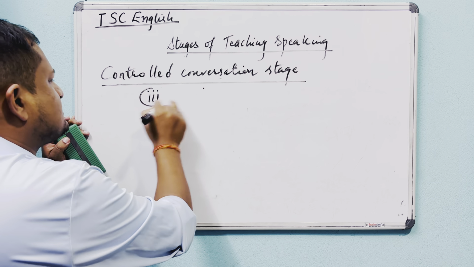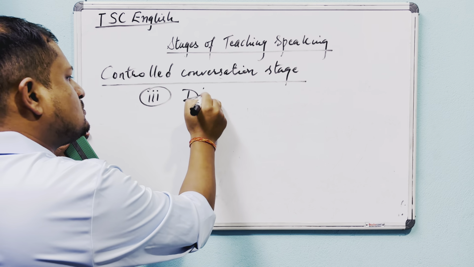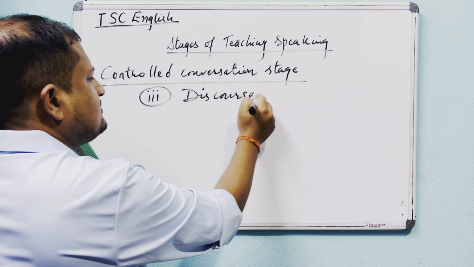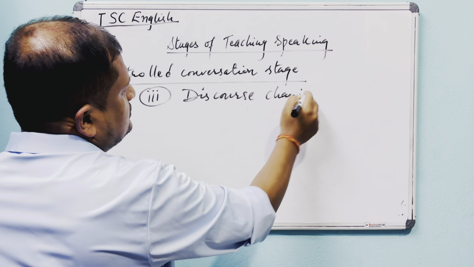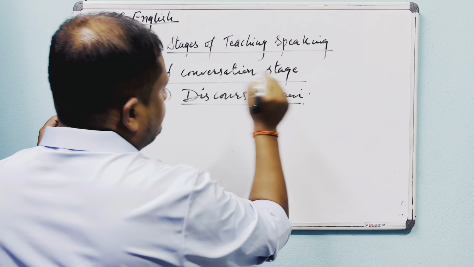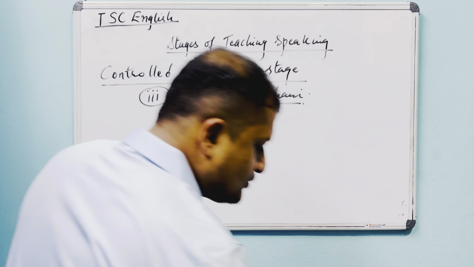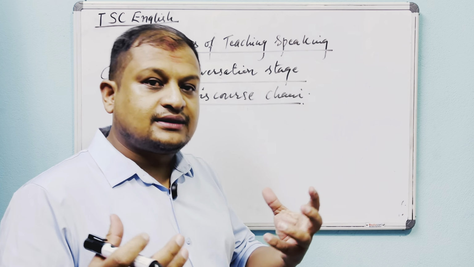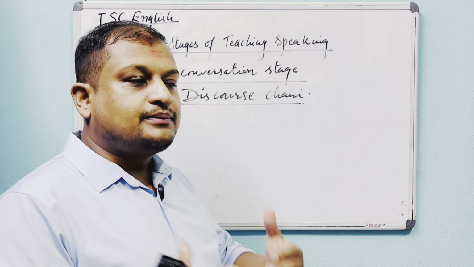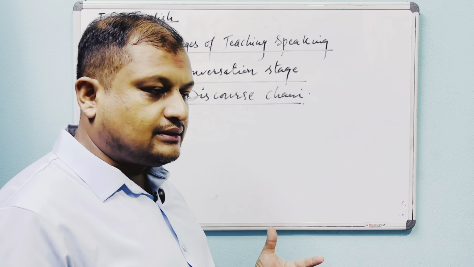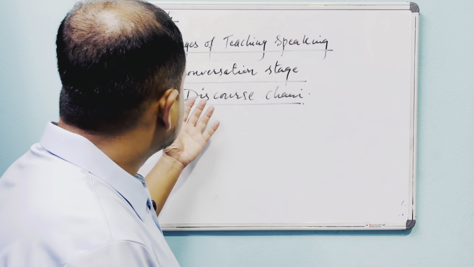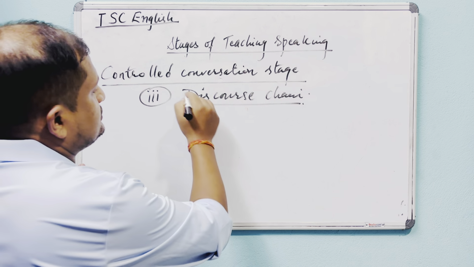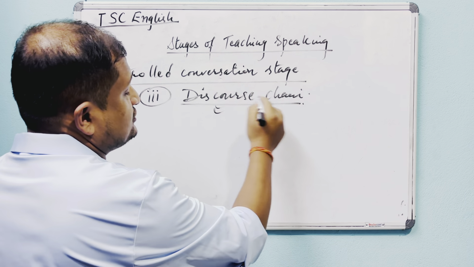So at last, discourse chain. What does it mean by discourse chain? It is also the way to speak to one another, to develop a set of dialogues for conversation. The word discourse here means discussion chain.